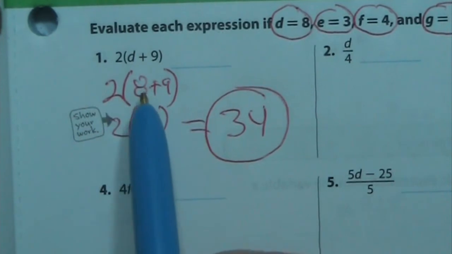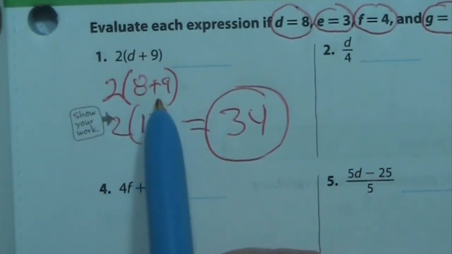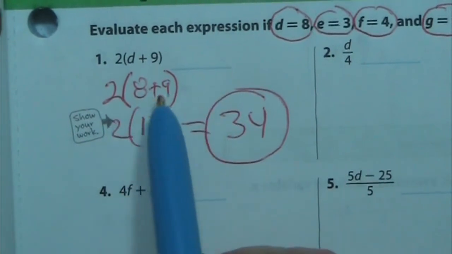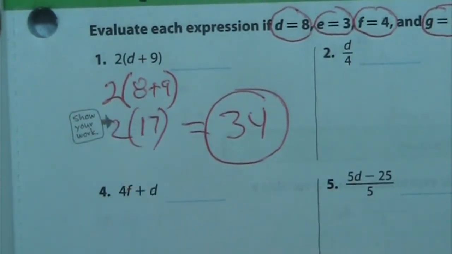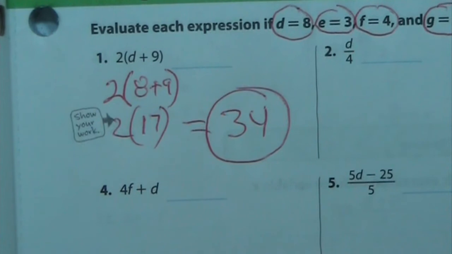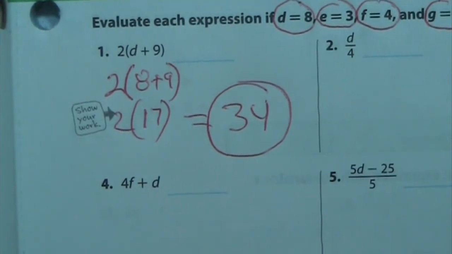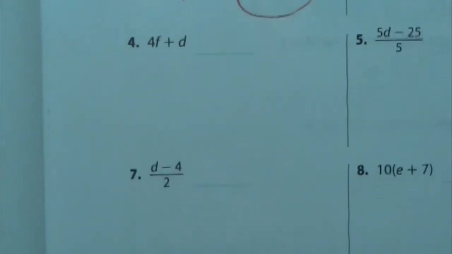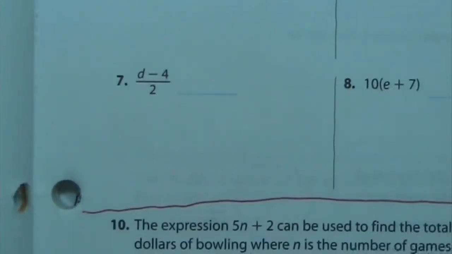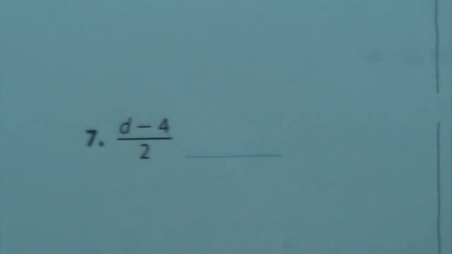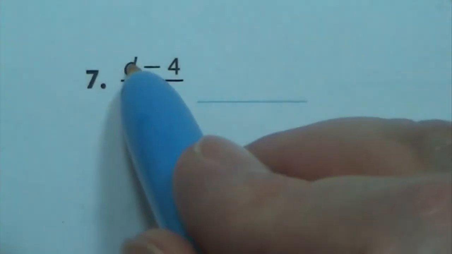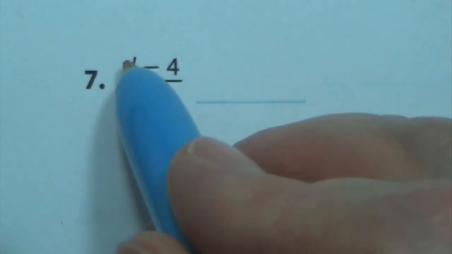All right? So rewrite it with the number in there and then solve it. Don't just give me an answer. If you want credit, rewrite it with the number. Let me give you one more example. Okay, D is 8. Let me go down to number 7 for a minute. Look at number 7. And we have D minus 4 over 2. So D is 8, right?